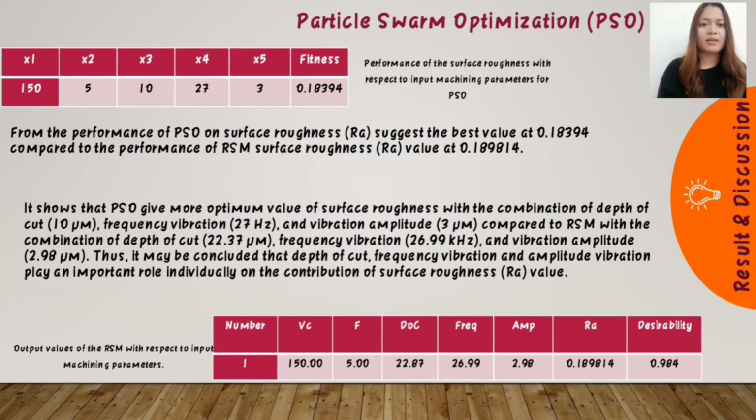This shows that PSO gives a more optimum value of surface roughness with the combination of depth of cut 10 micrometer, vibration frequency 27 Hz, and vibration amplitude 3 micrometer, compared to the RSM with a depth of cut of 22.37 micrometer, vibration frequency of 26.99 Hz, and vibration amplitude of 2.98 micrometer.